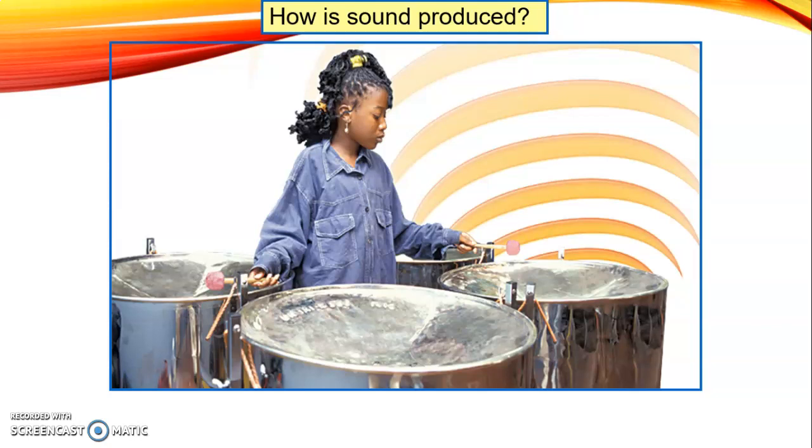Perhaps you have noticed something similar when someone plays a stereo system too loudly, or when someone plays the drums as the word that you can see on that picture. And have you ever asked what causes objects to shake when there are loud sounds nearby? So today in this class we're going to learn about that.